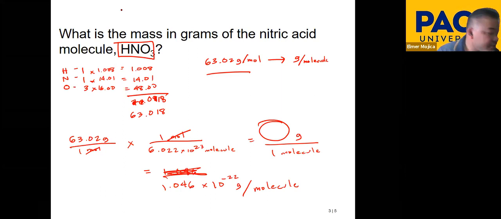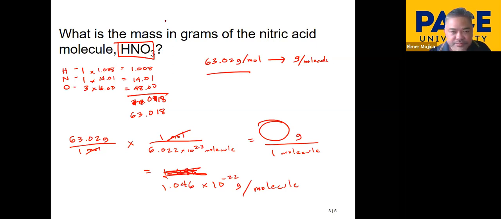Check. So question. The very important thing is just setting up what is given, what is the one that you need, and how you are going to get from the given unit to the unit that you're looking for.